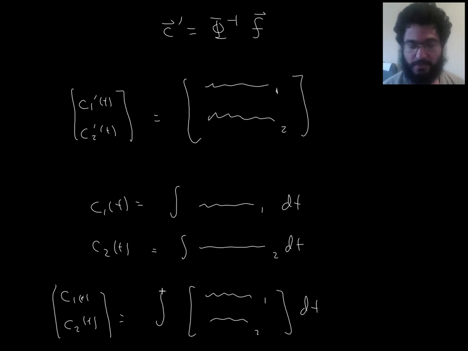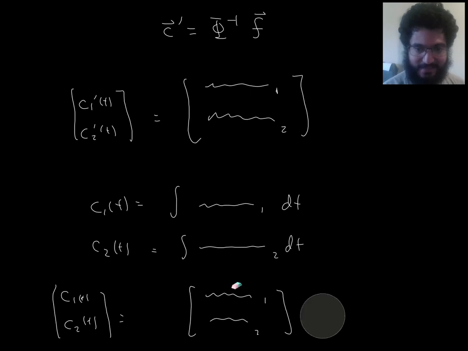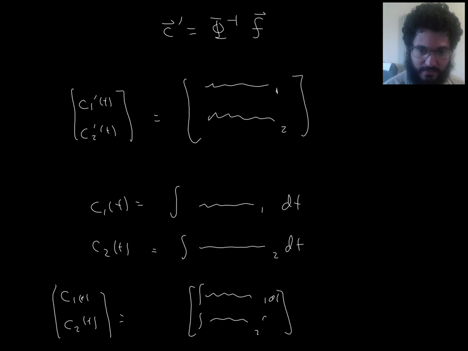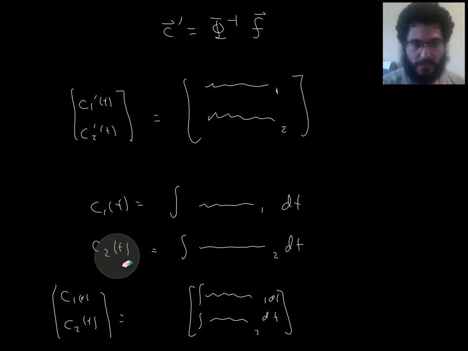I don't know if you've seen this before, maybe not. Probably you've seen it if you've done Math 6a, but now you're seeing it. The integral of a vector valued thing with respect to t just means, basically, this. You see?